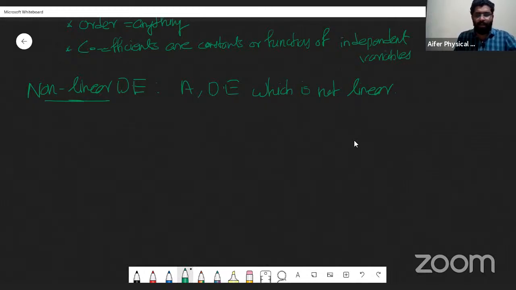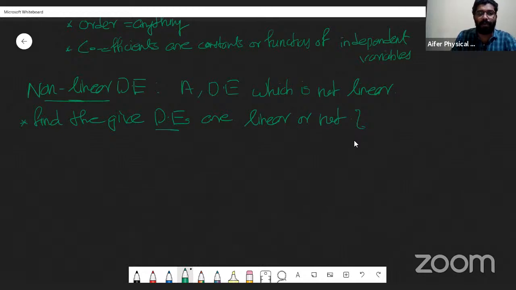Okay. Now I will give you some questions you can do. You have to find out whether the given differential equations are linear or not. My first question is this: dy by dx plus 5y equal to 0.